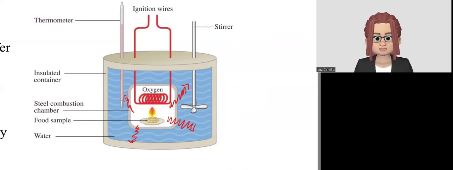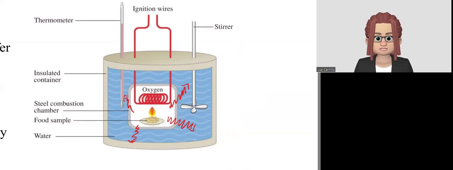The stirrer is going to make sure that that heat is distributed evenly. And our thermometer will look at the temperature of water overall before the food was combusted and after the food was combusted.